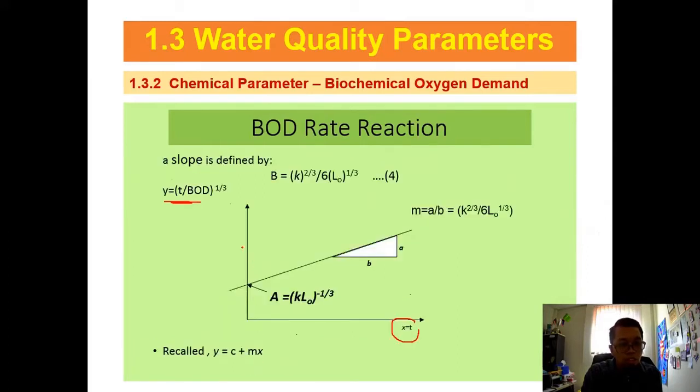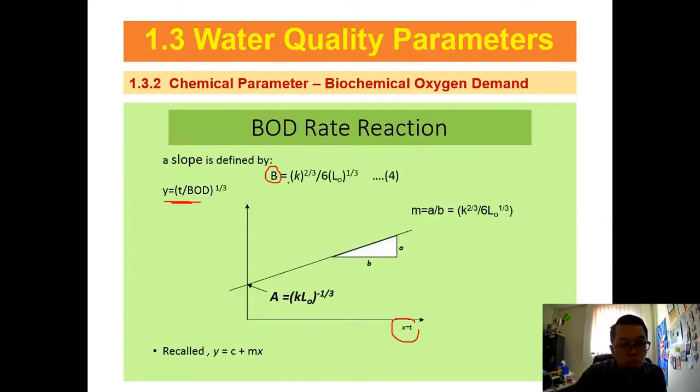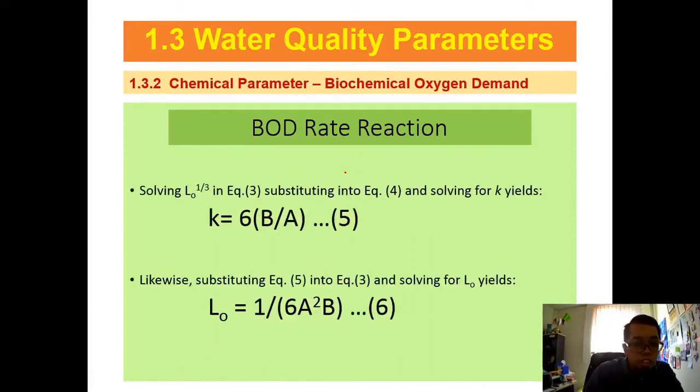So you get the slope value and the intercept value. When you determine the intercept and the slope value, automatically you can find the K and L naught.